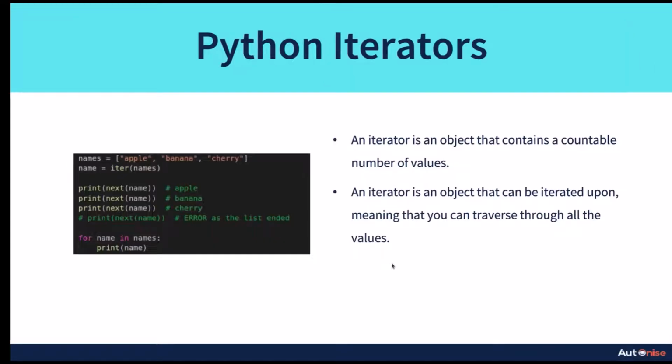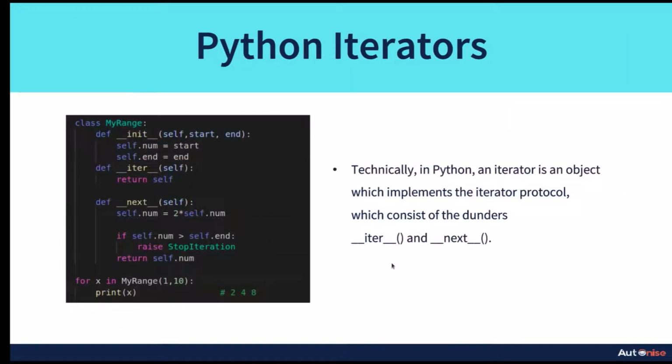So we studied this iteration and how we can iterate over a list using iter and next, because there are two more dunders in Python which can be used to create a custom range. Let's create our custom range with the help of a class, and let's define our iter and next inside this class.